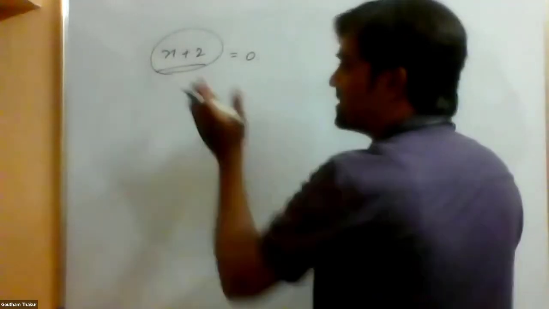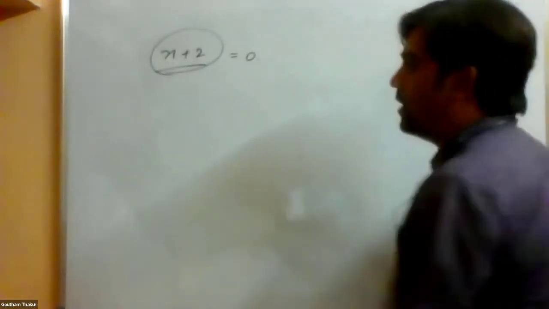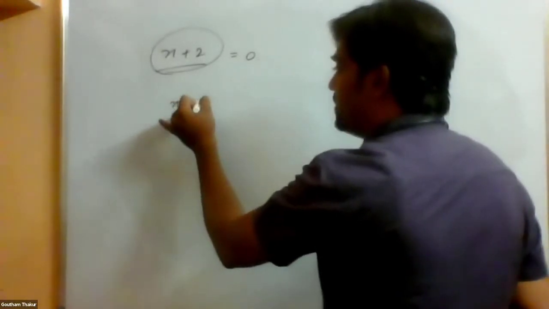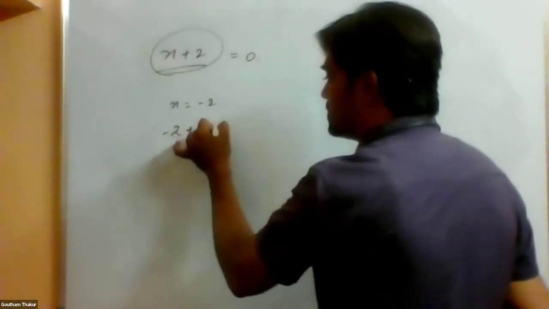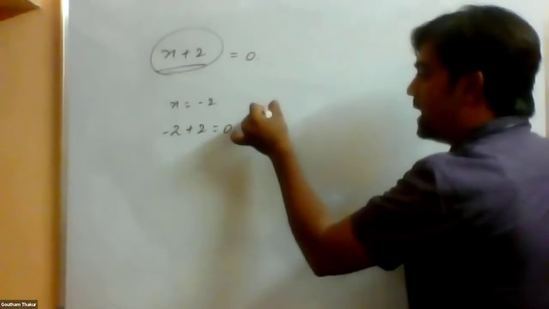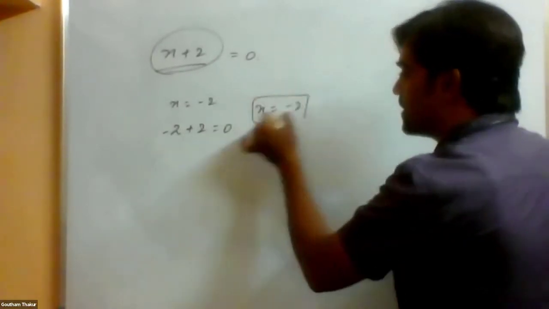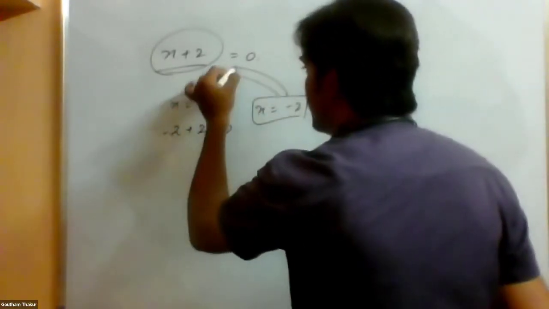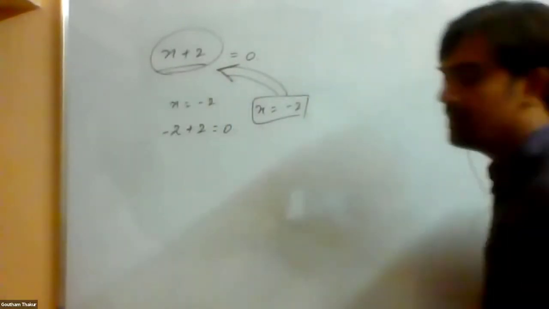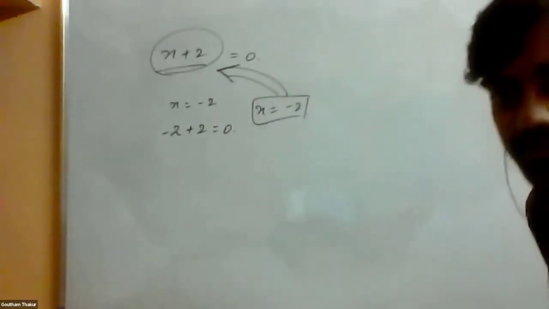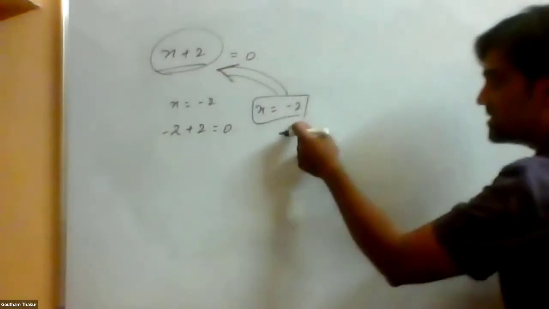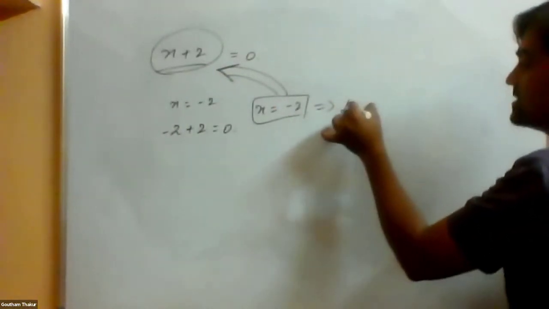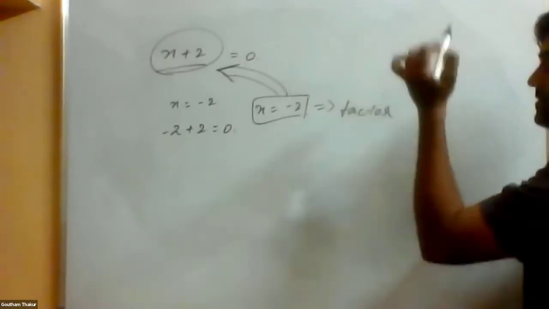Now, to make this polynomial 0, if I put my x value as minus 2, what value will I get? Minus 2 plus 2 is 0. So x equal to minus 2 is actually satisfying the expression, and I call this a factor.